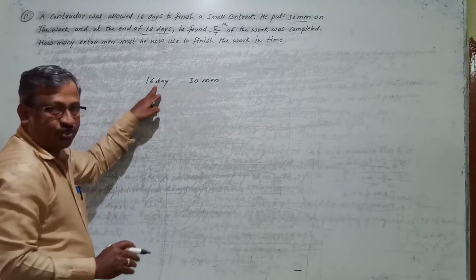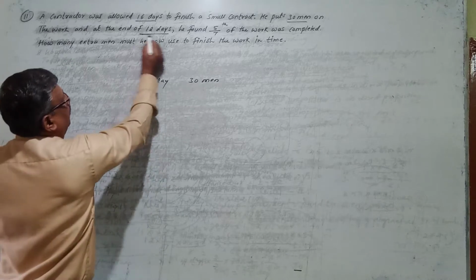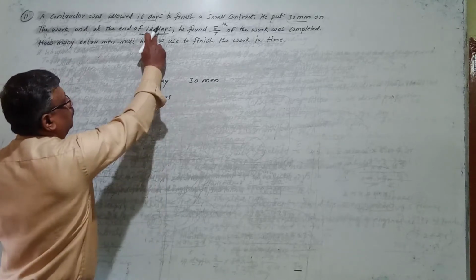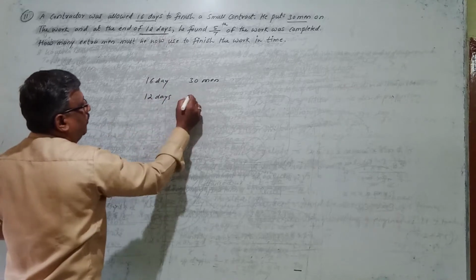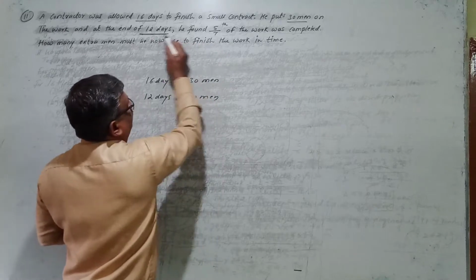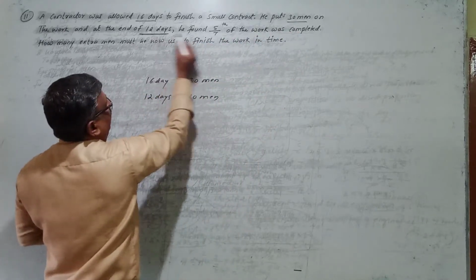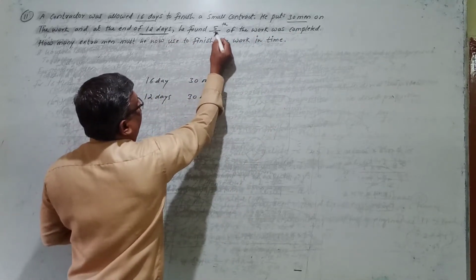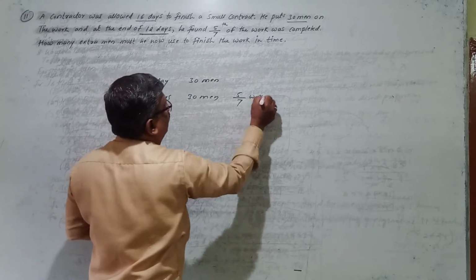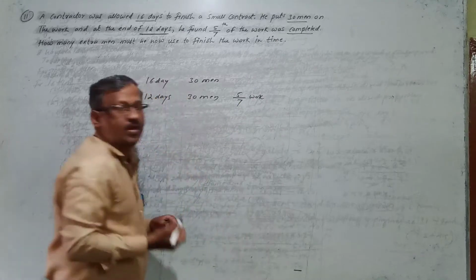And out of 16 days, he has worked for the first 12 days with these 30 men. And with these 30 men in 12 days, he has completed 5/7 of the work.